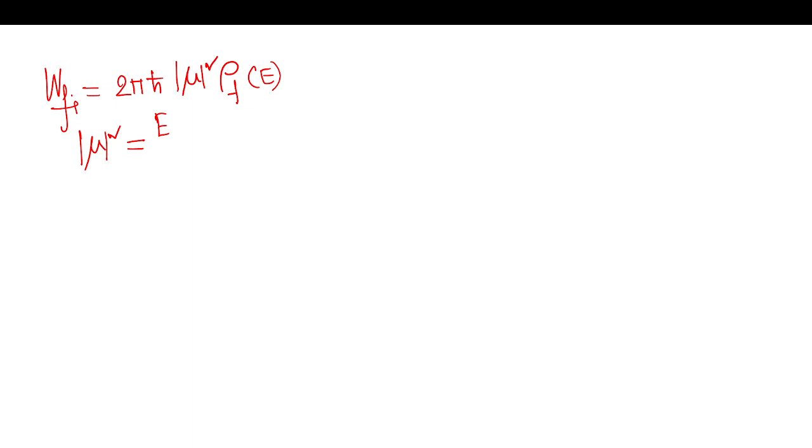Now let's begin the equation of rate of transition, which is nothing but multiplication of two square matrices of transition dipole and density of state, where the transition dipole is expressed as E0 square 4H.